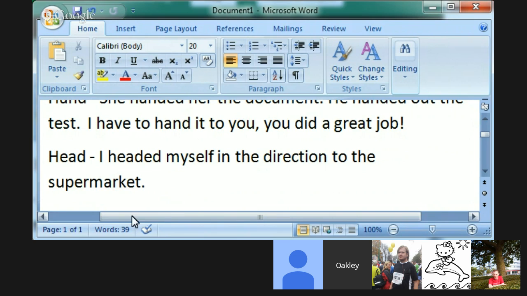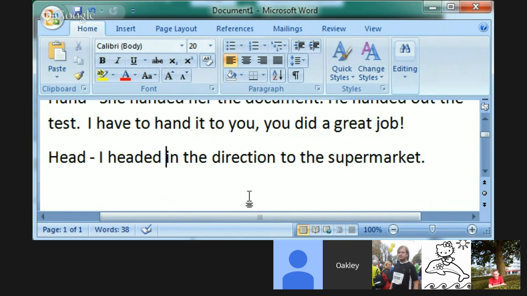Okay. However, Keiko, I headed myself. This is one of those verbs where you really can't use a reflexive, myself. Okay, teacher. You don't really need it, right? So it's not necessary. It's quite obvious. I headed to the supermarket.